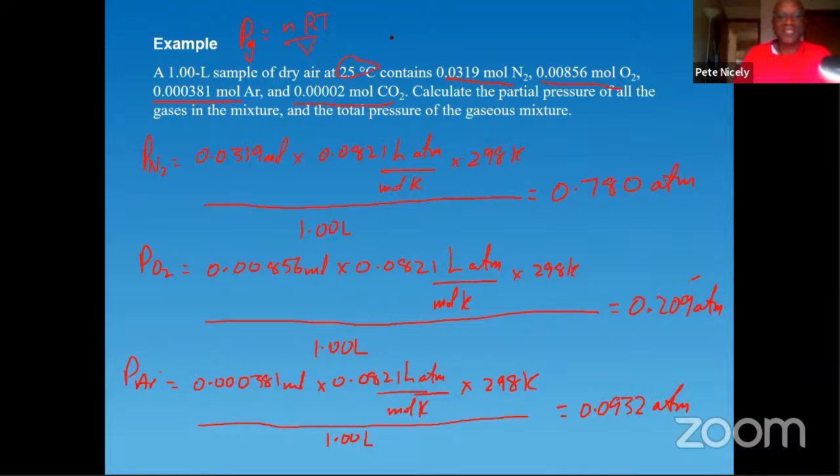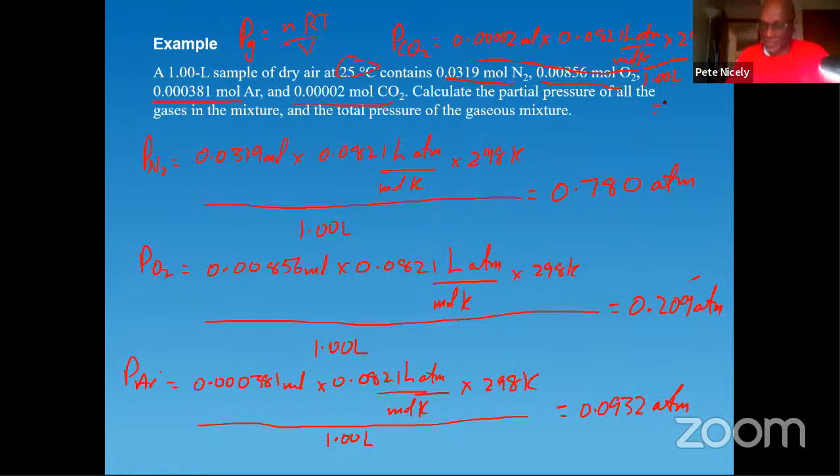And then I'm going to squeeze the fourth gas up here, and that fourth gas is carbon dioxide. So the moles here is 0.0000 2 moles times 0.0821 liters atmospheres over mole Kelvin times the temperature, which is 298 Kelvin, divided by 1.00 liters.